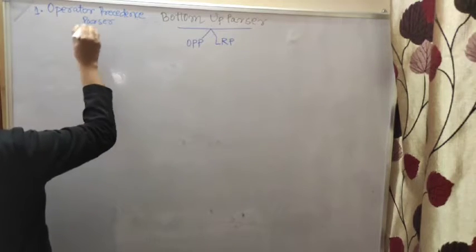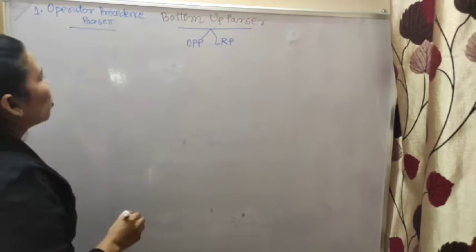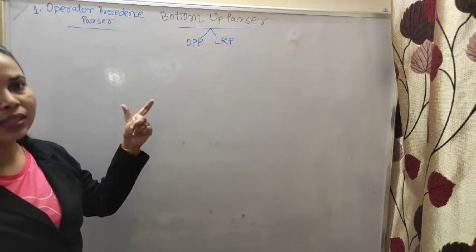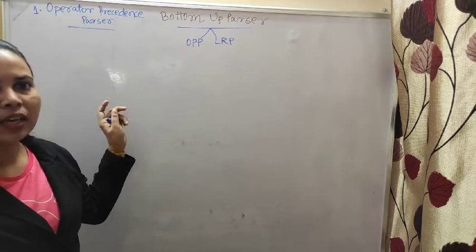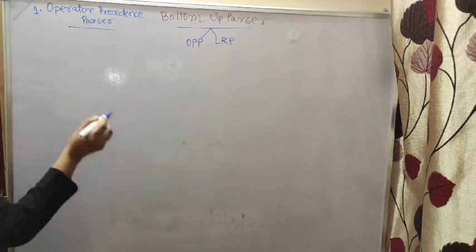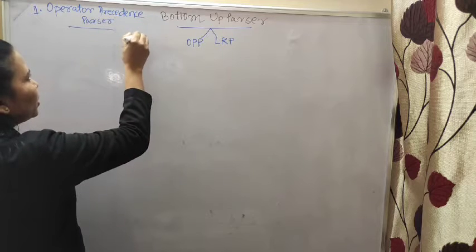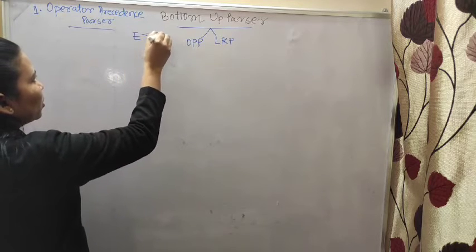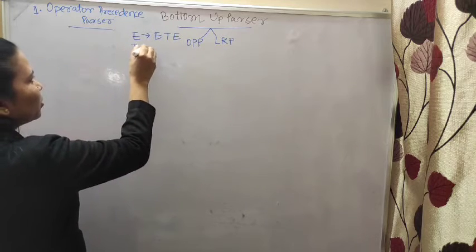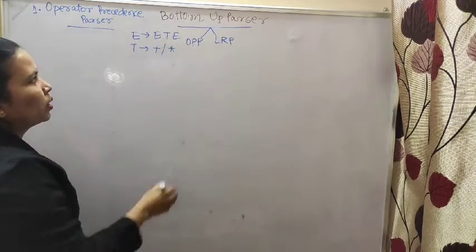Operator precedence parser. This operator has a rule: any two adjacent variables cannot be accepted. Any two adjacent variables, that means E derived E T E, and T derived plus or star.